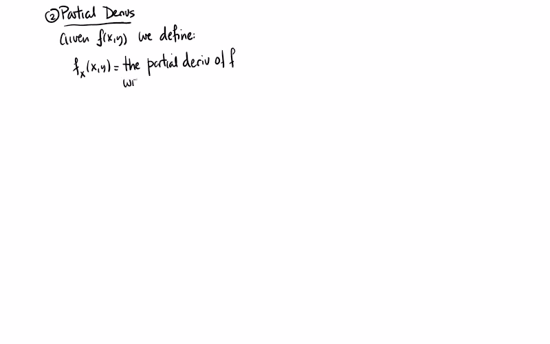So this is what we could do. Given f of x, y, this is what we'll do. We'll say f sub x of x, y. This will be what's called the partial derivative of f with respect to x.